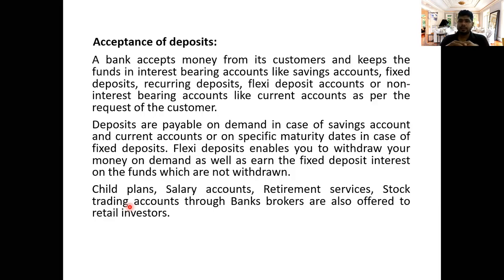When we look at the saving account, all of us have that kind of saving account, therefore no need for much explanation. And fixed deposits: the banks provide 3 months, 6 months, 1 year, 5 year, 10 year fixed deposits. Once you deposit the money in such a fixed deposit, you will get higher interest than the saving accounts.